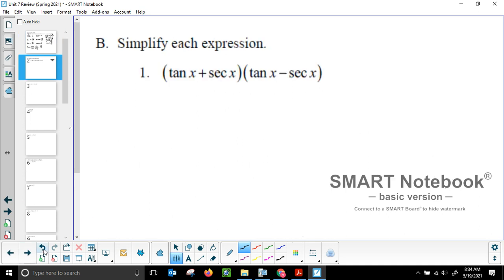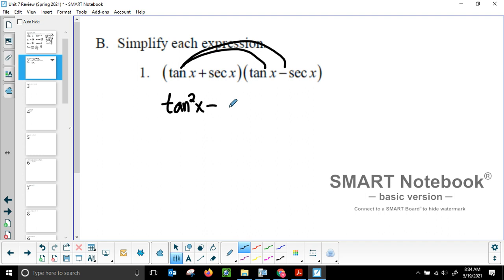All right. Part B, simplify each expression. Here we are just simplifying trig identities. So here we can go ahead and multiply this out, distribute it, or FOIL it, if you will. If we do that, we are going to get tan squared x, of course, tangent times tangent.